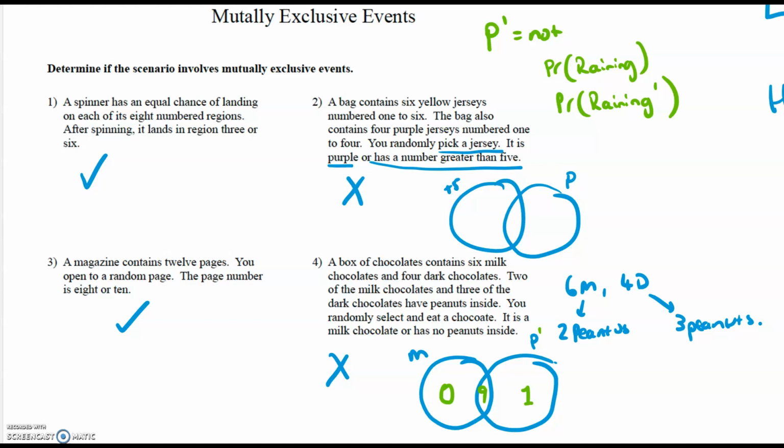So we say this is not peanuts. There's only one chocolate which is neither milk nor has peanuts, and that's that one dark one. And then there's 9 which is milk or it has no peanuts. And then there's none which is neither milk nor peanuts. But because again we've got that overlapping condition, that means that that's not a mutually exclusive event.